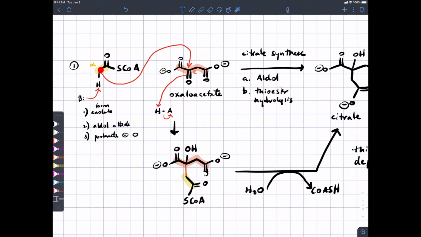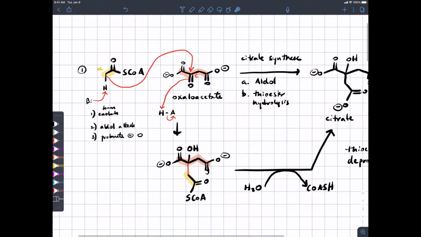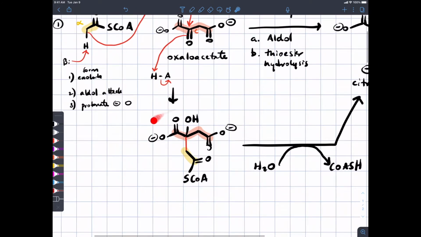You make an enolate, then that negatively charged alpha carbon attacks the carbonyl carbon of the ketone. We get a tetrahedral intermediate, and that negatively charged oxygen gets protonated. And then we get this thioester product, and here is the new bond that we made. These two carbons come from acetyl-CoA.